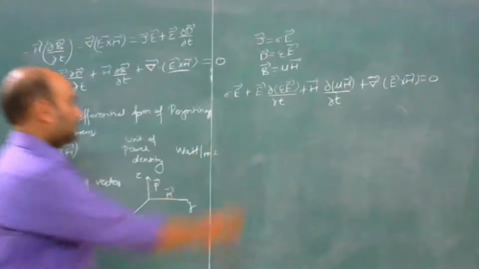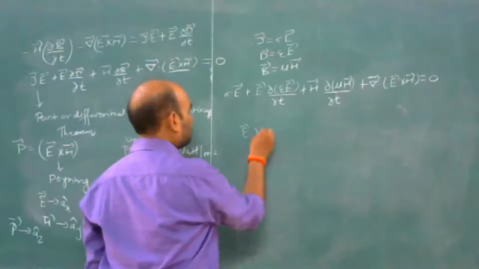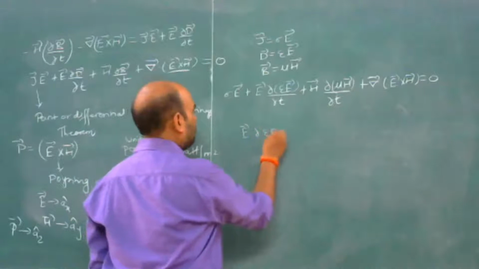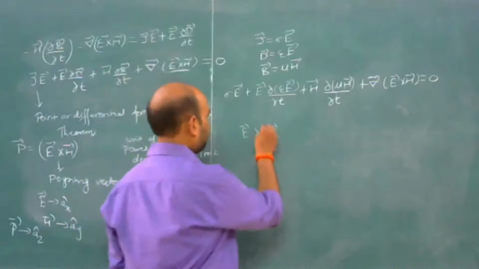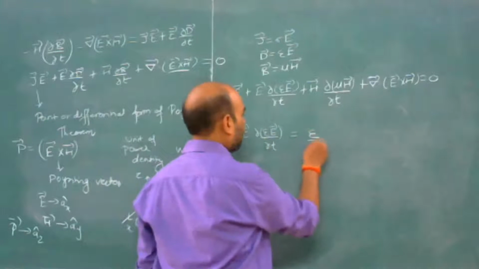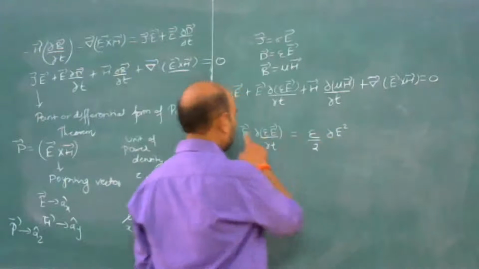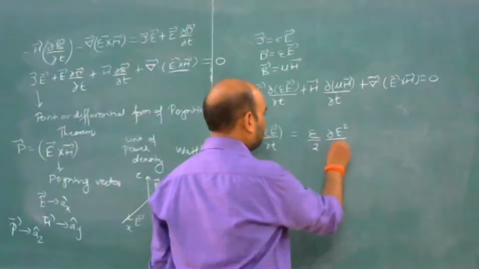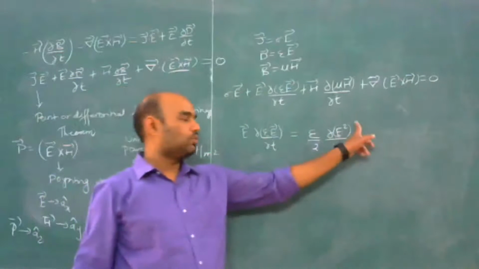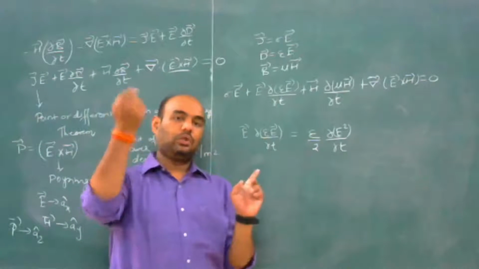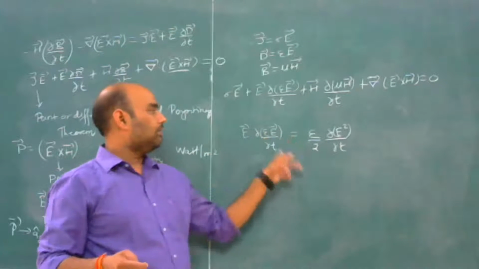Now this term, E dot del epsilon E by del T, can be written as epsilon by 2 del E square by del T. So this will be magnitude square. Differentiation of E square will be 2 into E, so here it is only E into del E by dt.